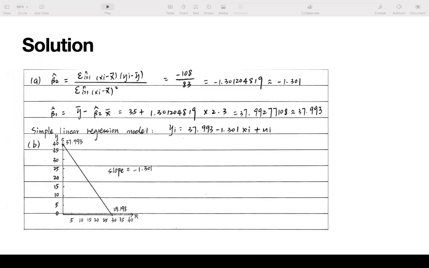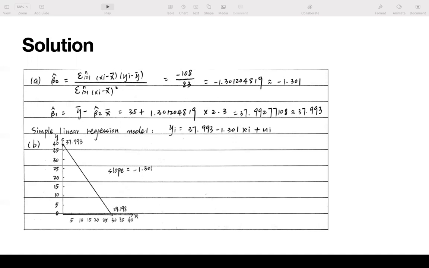Using the formula stated in the previous slides, beta 2 hat is equal to minus 1.301, and beta 1 hat is equal to y bar minus beta 2 hat times x bar, which equals 37.993. So we can state the simple linear regression model as y equals 37.993, the value for the intercept, minus 1.301 xi plus ui.